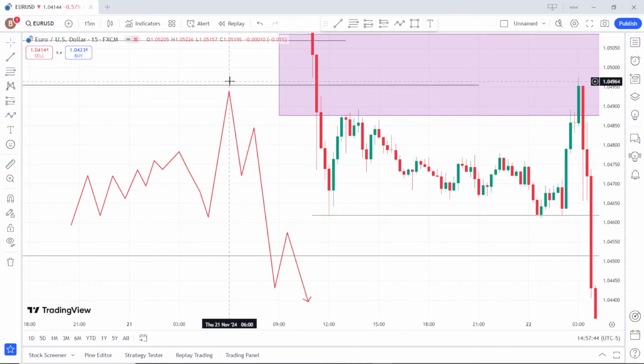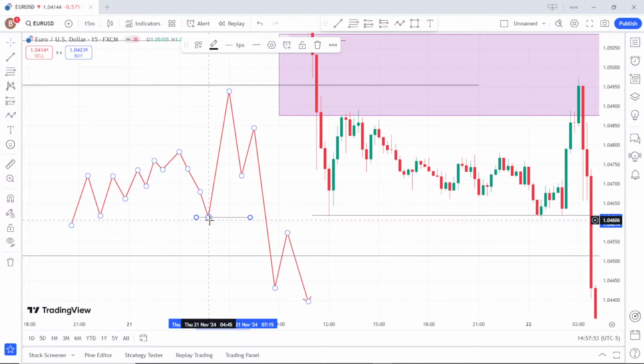If this is a breakout, then believe me, the majority of breakout traders or support and resistance traders will be placing their stop loss here. Anybody who takes a trade here or is expecting this retracement leg and then gets pinned here, the majority of the stop losses will be here.